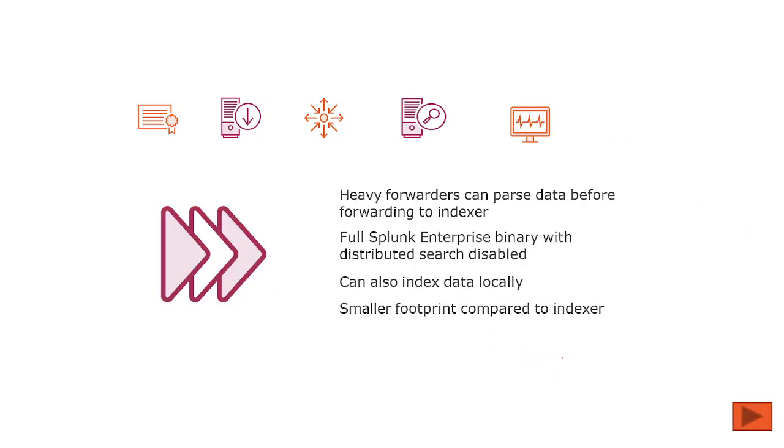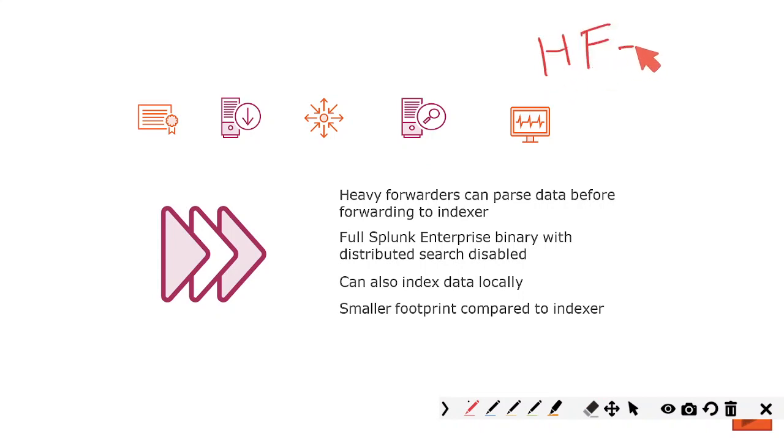Then we also have what we call the heavy forwarder. The heavy forwarder is responsible for parsing a lot of data into a usable log format so that the fields can be extracted, right? It basically offloads some of the compute workload from the indexers.